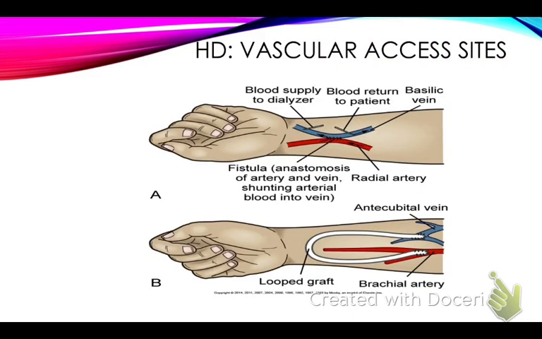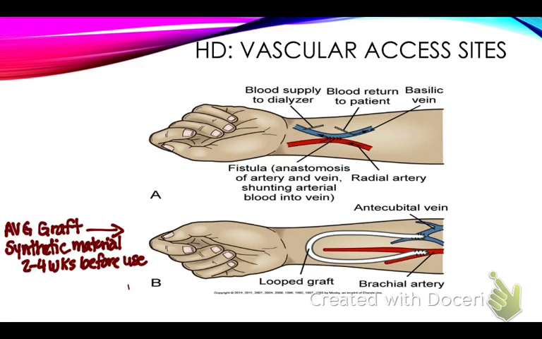As far as vascular access sites, so I've got 2 here, and this bottom one is your graft. It's a synthetic material. It's called AVG graft, or arteriovenous graft, and it's synthetic usually. As you see, the white can be bovine, or it can just be a plastic.